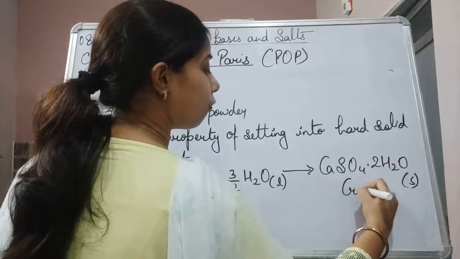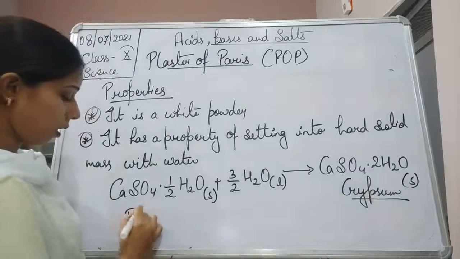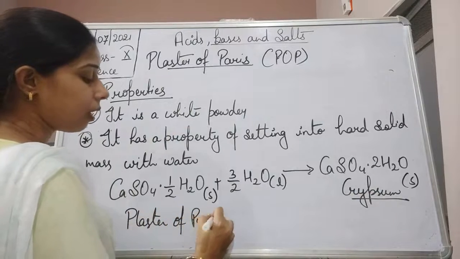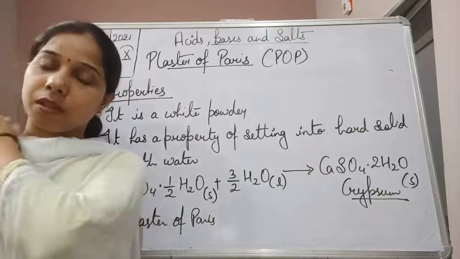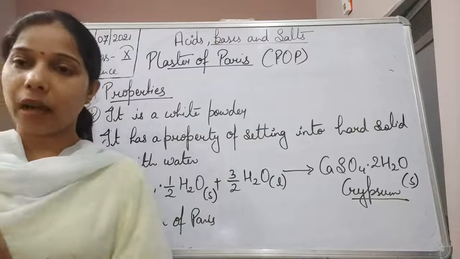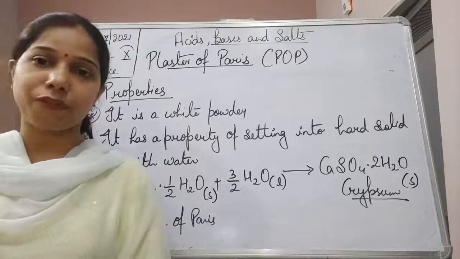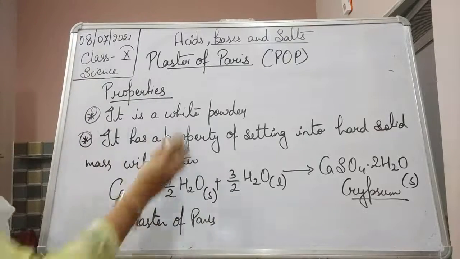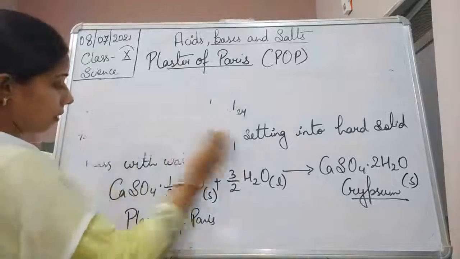So the formation of gypsum happens again when we add water. These are some of the important properties of the plaster of Paris. When we add water, it becomes a hard solid mass because of the formation of gypsum. Now moving on, let us see what the uses of the plaster of Paris are.